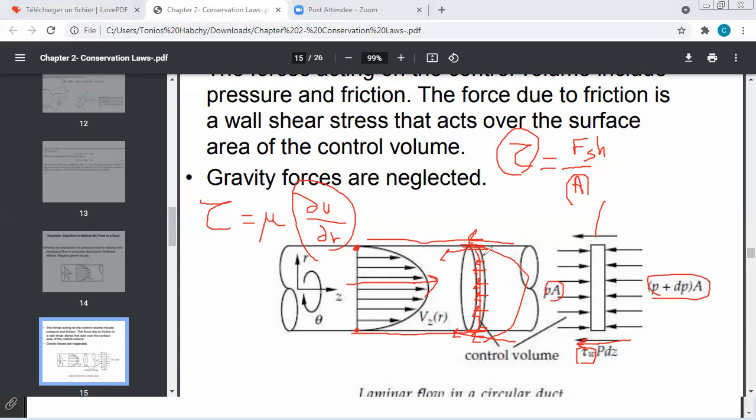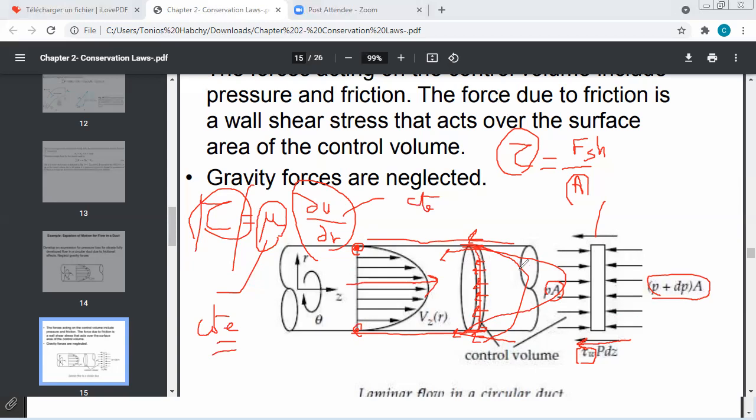Because you have the same velocity profile everywhere. And we are dealing here with a Newtonian fluid. The viscosity is constant, so mu is constant. And the velocity profile is the same. So del U by del R will be the same everywhere. So this is why tau is the same in magnitude. Of course, del U by del R is positive for some locations and negative for other locations, but in absolute value, the magnitude of shear will be the same everywhere.